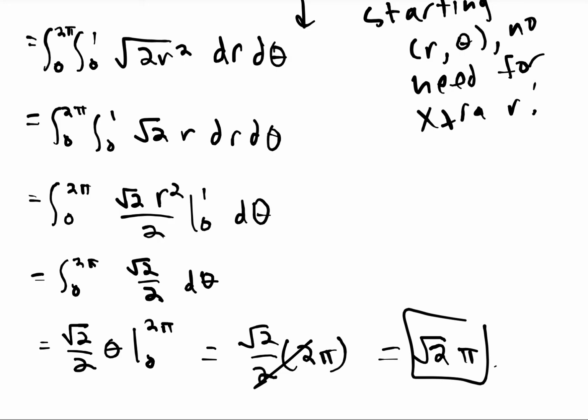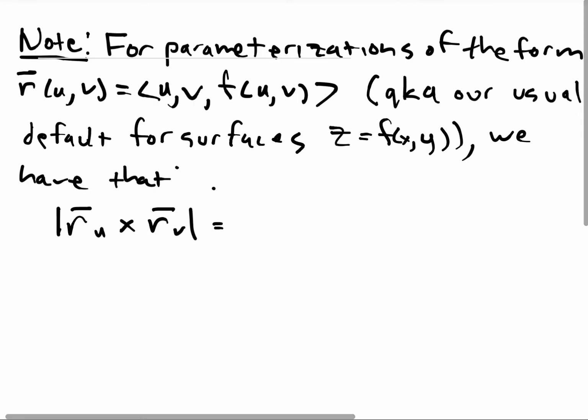Now, that out of the way, I'll give you guys a final comment here for these parameterizations. If you want to find surface area of something where I give you a z equals f of x, y, you don't necessarily have to jump to finding a parameterization and then jumping through all these hoops.